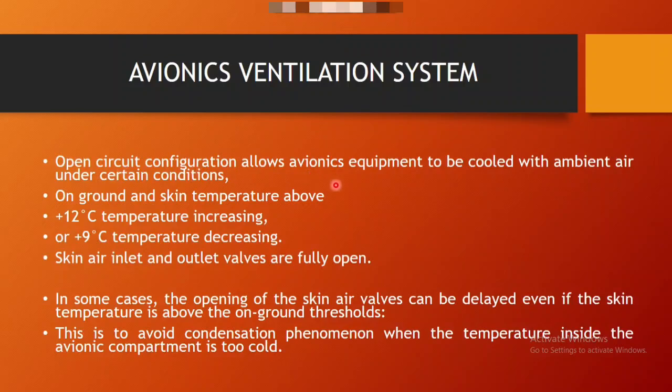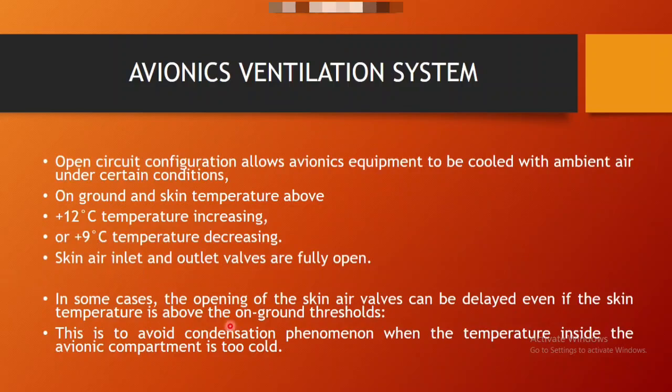Open circuit configuration allows the avionics equipment to be cooled with ambient air under certain conditions. So on ground, the skin temperature is above 12 degrees with temperature increasing, or below 9 degrees with temperature decreasing. Skin air inlet and outlet valves are fully open. That's why it's called open circuit configuration.